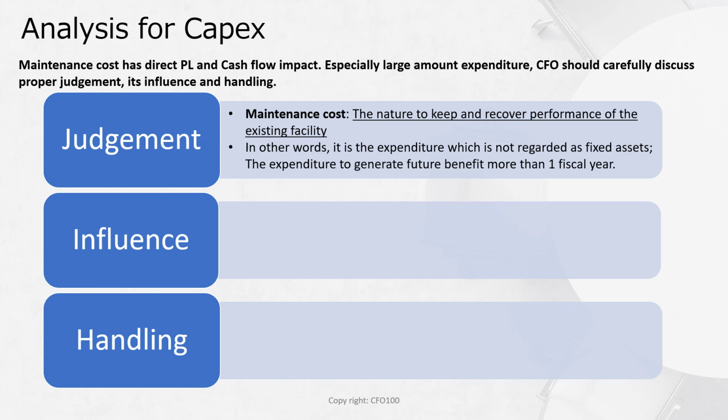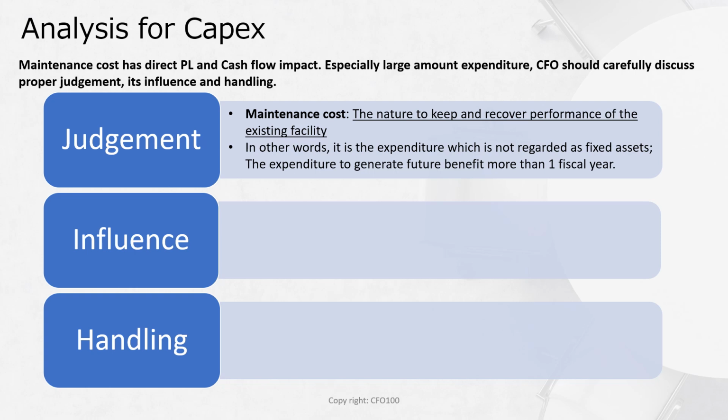In other words, it is an expenditure that is not regarded as a fixed asset. As a definition, a fixed asset is an expenditure to generate future benefit for more than one fiscal year. This definition is helpful to identify maintenance costs from the opposite side.